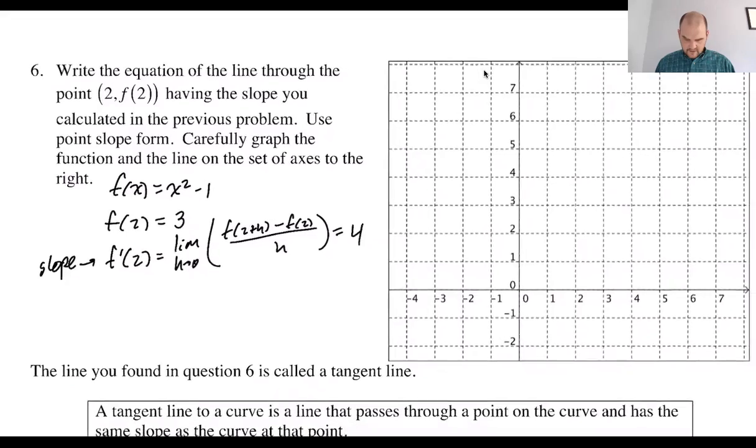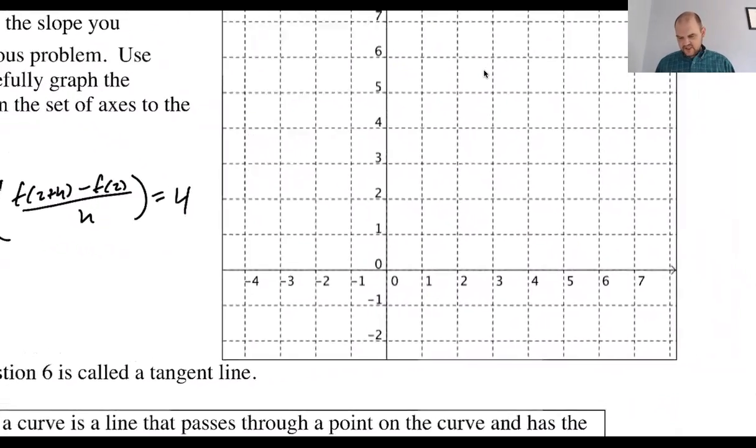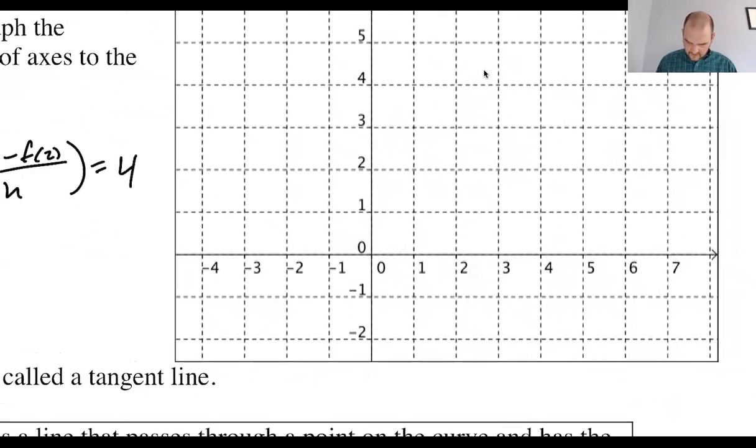All right, so what we're supposed to do is carefully graph the function and the line on a set of axes. It's so hard to graph a parabola. I regret that I'm having to do this. Here and here. And then at 2, I know it's 3, and then it'll be here.